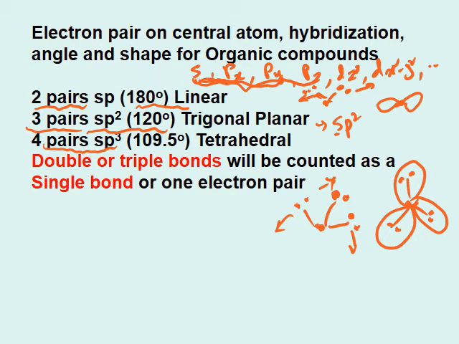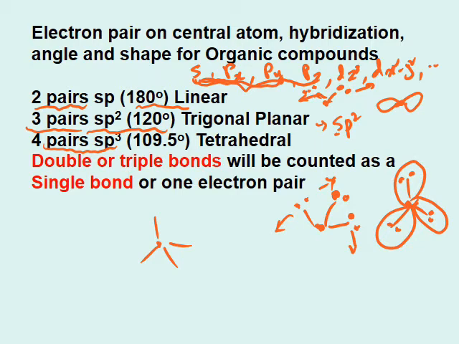So sp3 would have four pairs of electrons, and there'd be four identical orbitals, and they would look like the following. If this is my central atom, 1, 2, 3, 4. Keep in mind this is three-dimensional, so it's hard to draw on a two-dimensional surface, but this is how I'm trying to give you the appearance of this molecule. This is called tetrahedral.